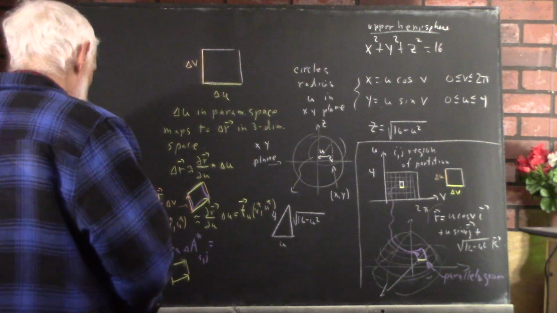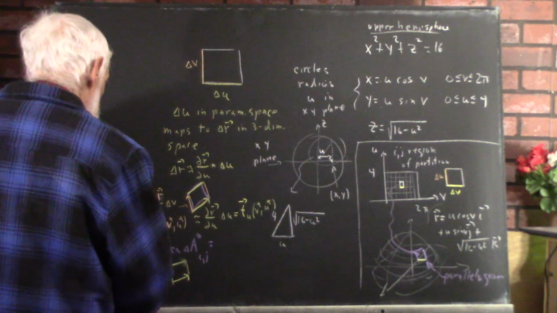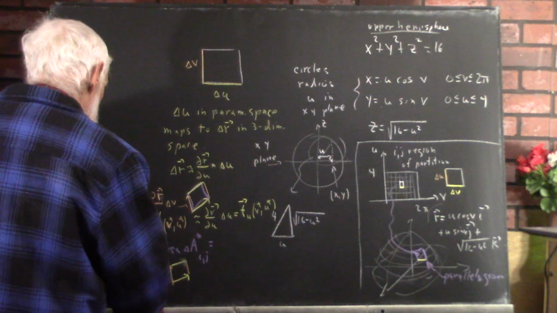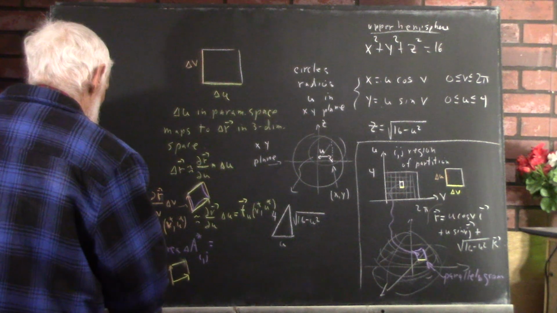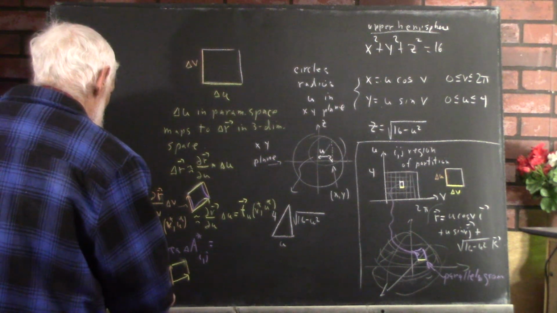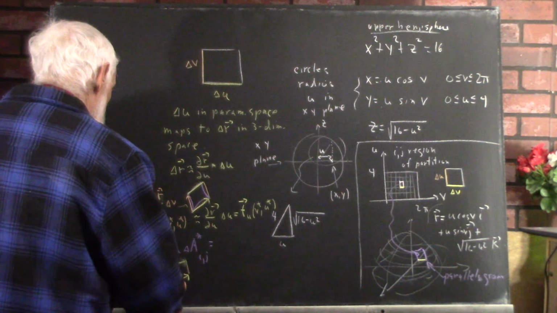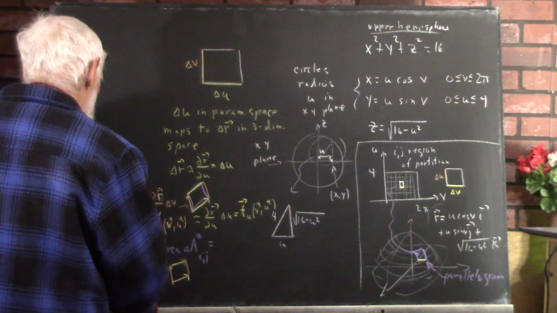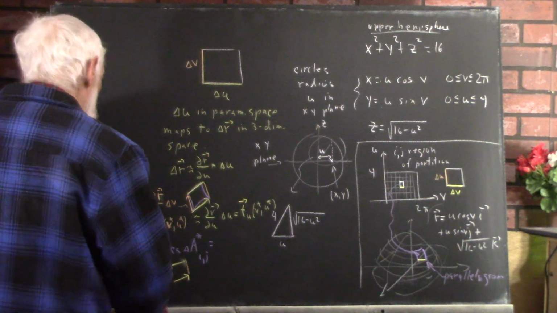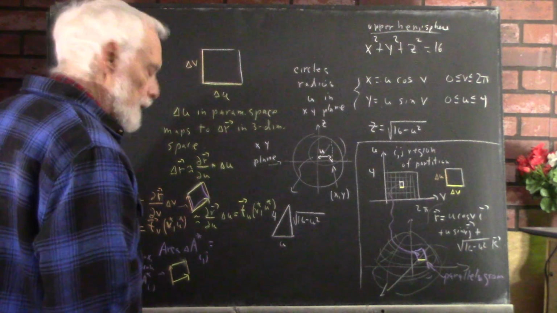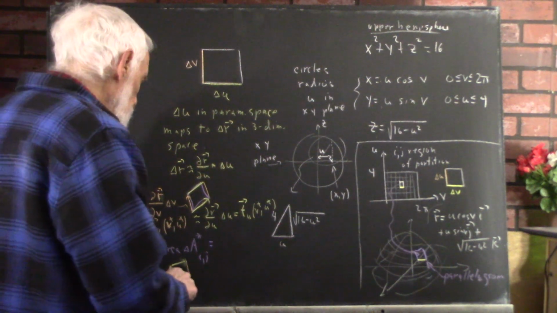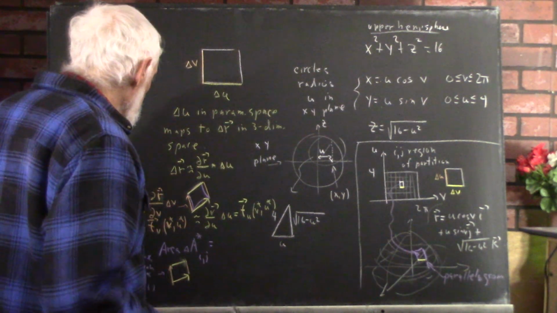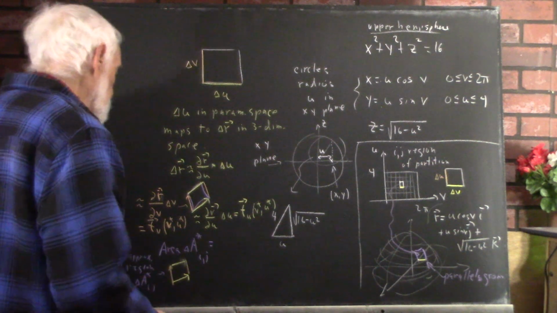This is an approximate region, delta Aij star, and what's the area of a parallelogram? This is a parallelogram.